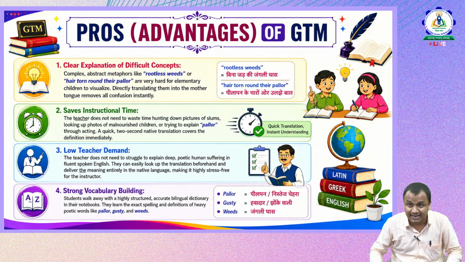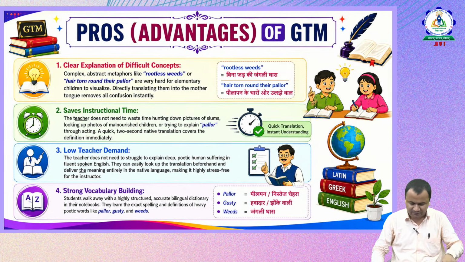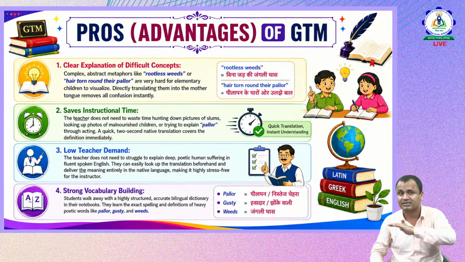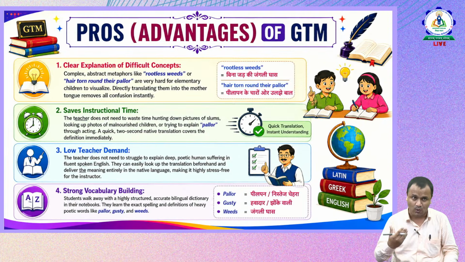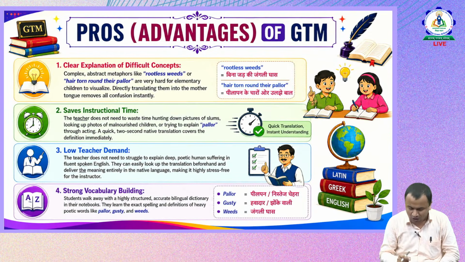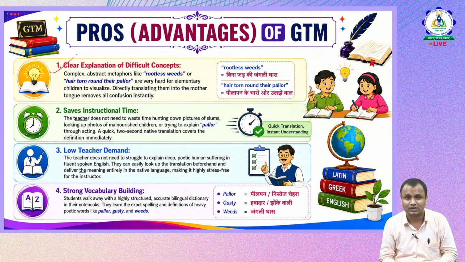The easiest way is GTM, wherein we just translate that abstract concept into the mother tongue of the child, and the child would acquire that with ease. So the first benefit is we can give a clear explanation of all the difficult concepts that are part of the chapter, part of the content.